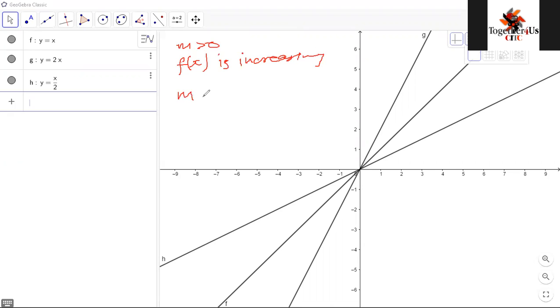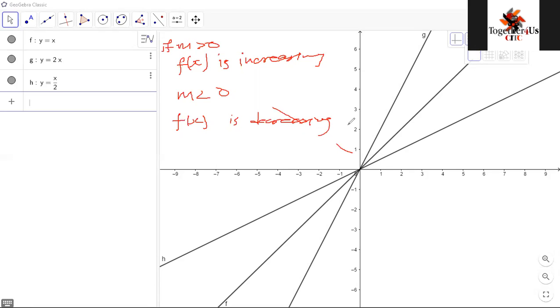If the gradient is negative, we're going to have a function like this, so you know that your function is decreasing. And you realize this is the case even in the other functions that we are going to study. So I want you to hold on to this knowledge.